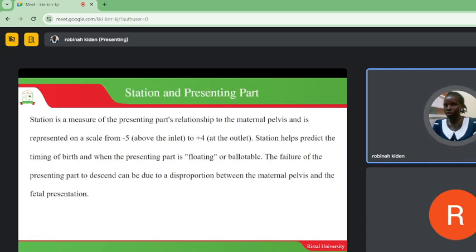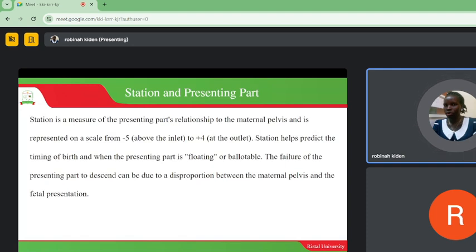Station and presenting part. Station is a measure of the presenting part's relationship to the maternal pelvis, and is represented on a scale from -5, which is above the inlet, to +4 at the outlet. So station helps predict the timing of birth and whether the presenting part is floating or ballotable.